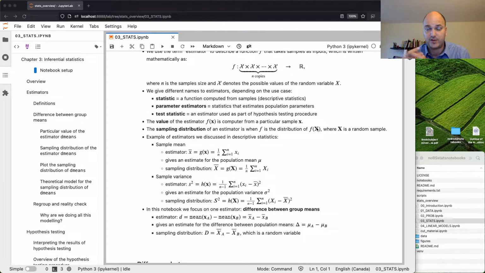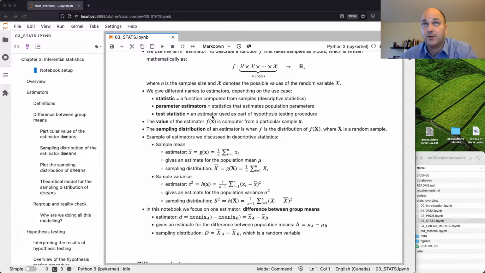That's what a random sample means. You don't have one number, you have a distribution of samples. And on that, you compute the same estimator, the same function, but now you get a distribution. This tells you how that estimator behaves in the long term when you take multiple samples. Because it talks about a distribution based on samples, it is called the sampling distribution.